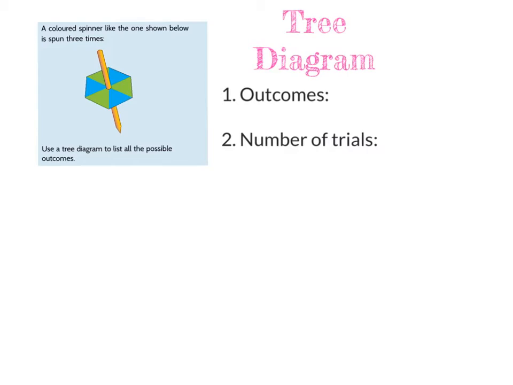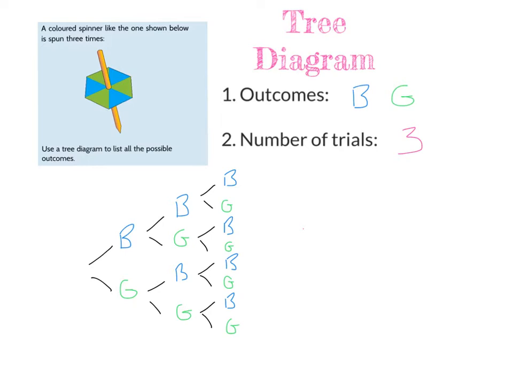So green and blue must be our number of outcomes. So based on this, we have green and blue as our option. And we have spun the spinner 3 times.